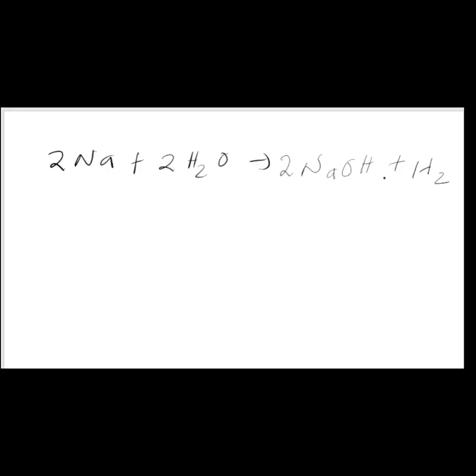So as you can see, we only got 2 moles of each from the reactants to the products, except the hydrogen, which has 1 mole in this balanced chemical reaction. So let's go back to the question. The question is saying, how many moles of sodium will react with water to produce 4 moles of hydrogen?